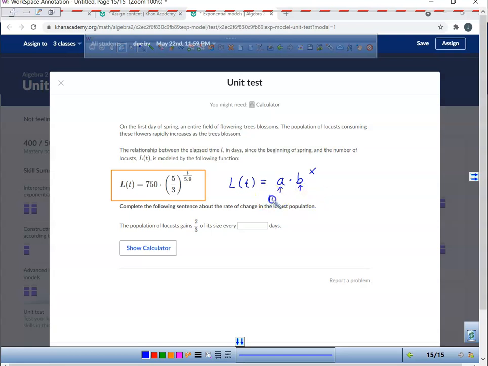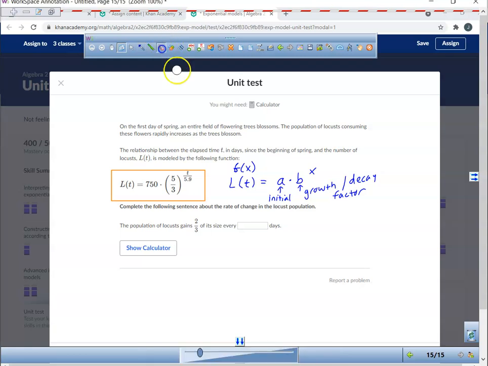Your a value is always your initial amount, and the b value is either what's called the growth, or it's sometimes referred to as a decay factor. Okay, so if you have a times b to the power of x, now this is L of t. Most of the times you'll see f of x, and instead of an x, there'd be a t here technically.